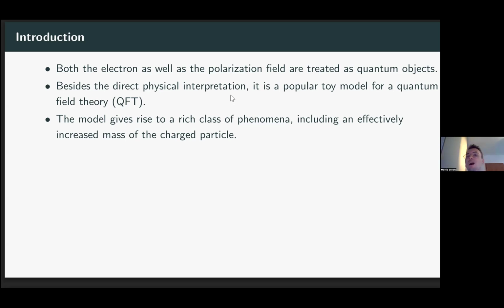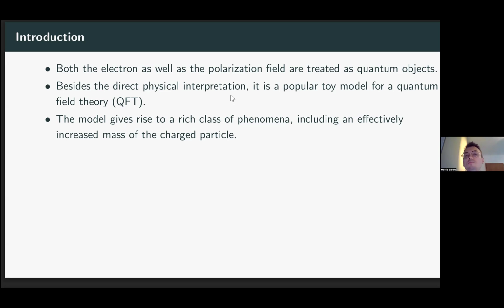There are multiple interesting things you can study for the Fröhlich polaron. The specific one I am interested in is that due to the interactions of the electron with the polarizable medium, its mass is effectively increased. The picture you should have in mind is that the electron is traveling through the medium. However, there is a cloud of polarization attached to the electron, which, loosely speaking, slows it down, which we interpret as the electron having an effectively increased mass.